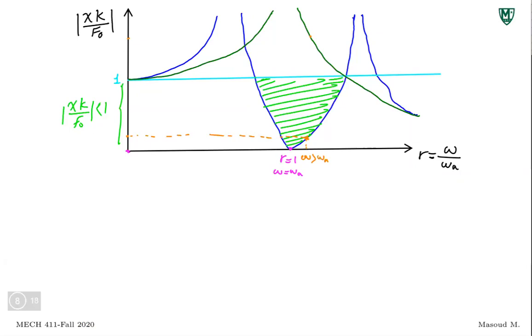This means that almost all the force would have been transmitted to my primary structure. This is the original system, and this is the system with absorber. Original system means no absorber.